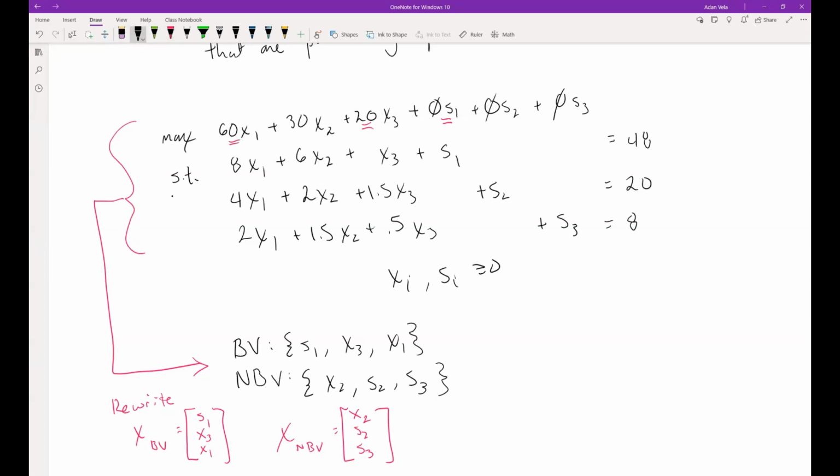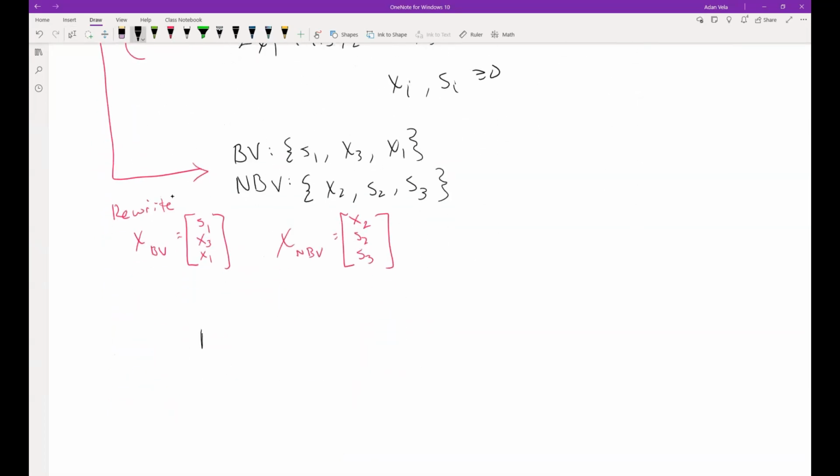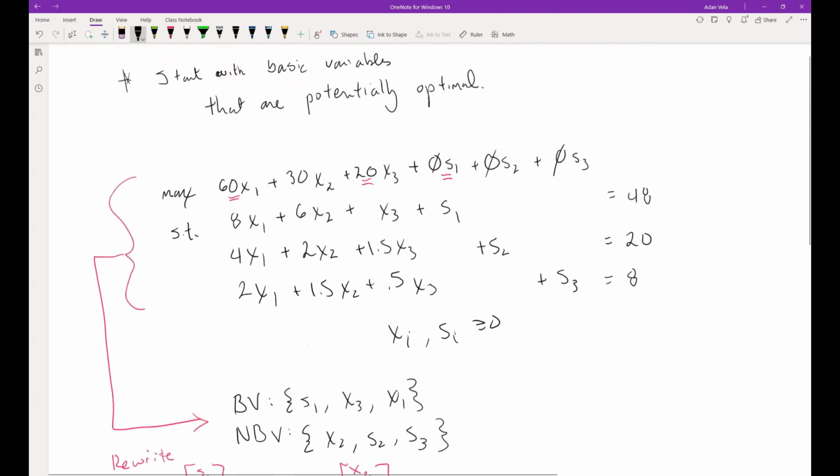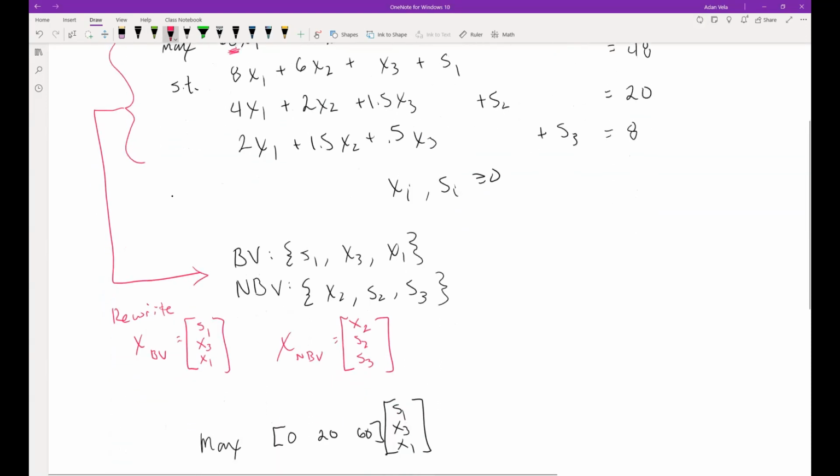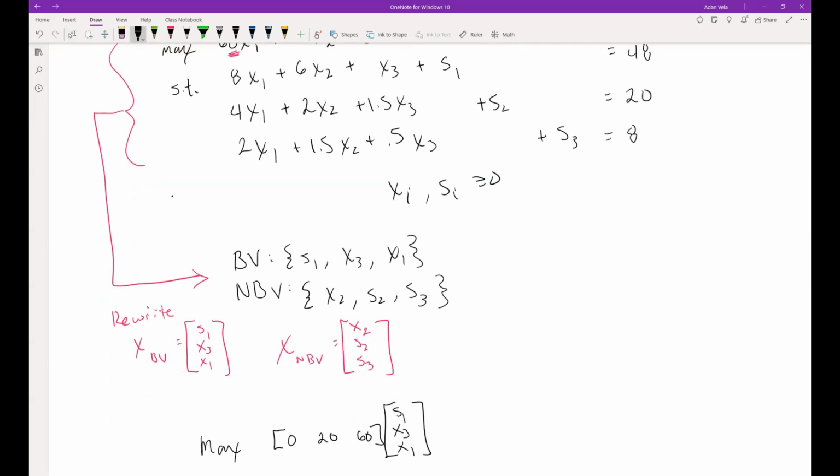So if I want to rewrite what this maximization looks like, it ends up looking like max 0, 20, and 60 times the vector S1, X3, and X1. Right? And again, we're just getting that from the 60, 0, and 20. But we have to reorder it according to the order of the decision variables.